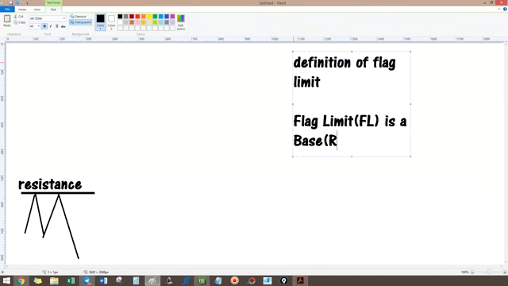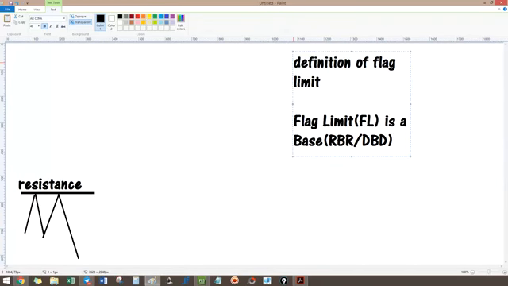Or rally base rally, or drop base drop. Where is my bracket? Okay.